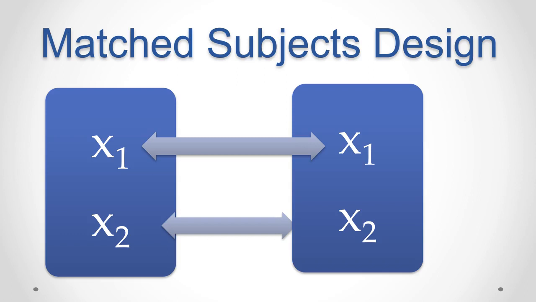We can obtain matched pairs in one of two ways: experimental manipulation or natural occurrence. Matching through experimental manipulation is typical for research studies where the researcher manipulates the traits or characteristics on which participants are matched.